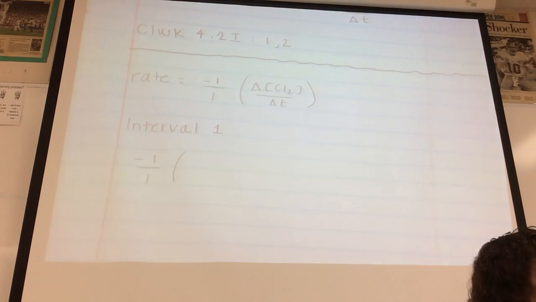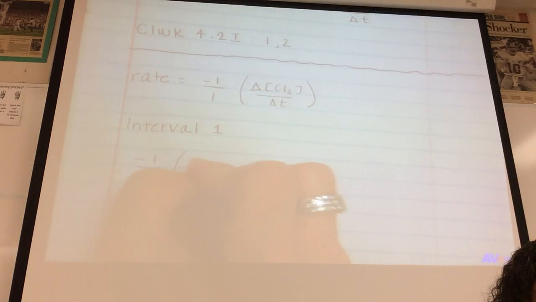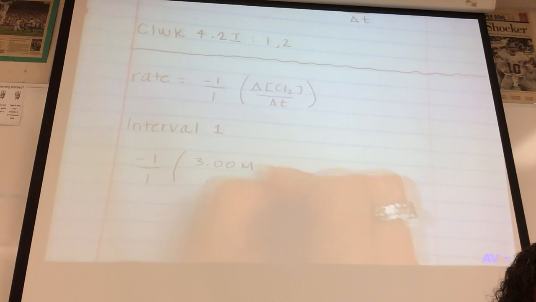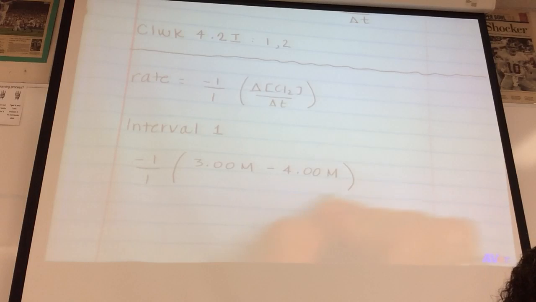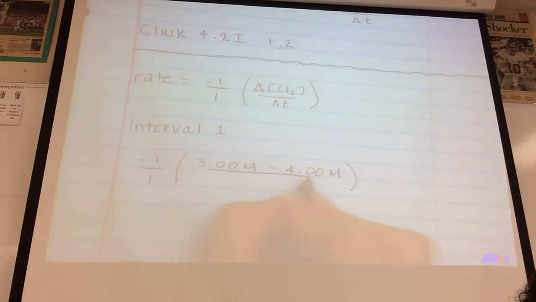At 25 seconds, I have 3 molar chlorine gas minus 4 molar that I had at time 0 when the experiment started. This was 25 seconds minus 0 seconds.